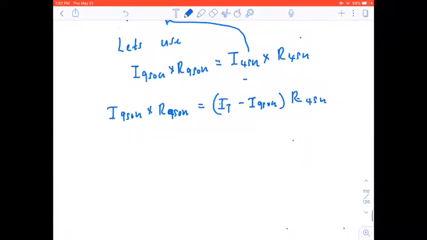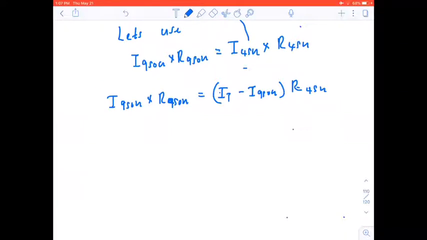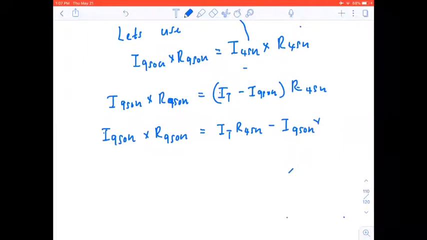Which then gives us I 950 times R 950 ohms, which is equal to I total R 45 ohms minus I 950 times R 45 ohms.